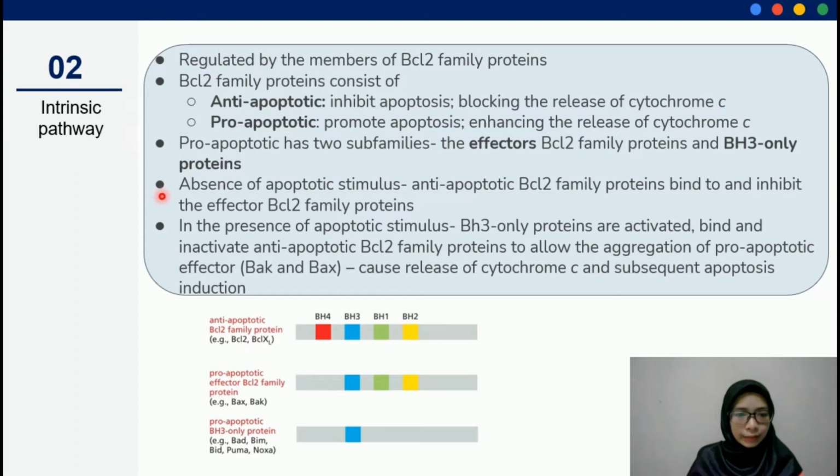In an inactive intrinsic pathway, which means the absence of apoptotic stimulus such as stress and DNA damage, the anti-apoptotic BCL2 family protein will bind to and inhibit the effector BCL2 family protein.